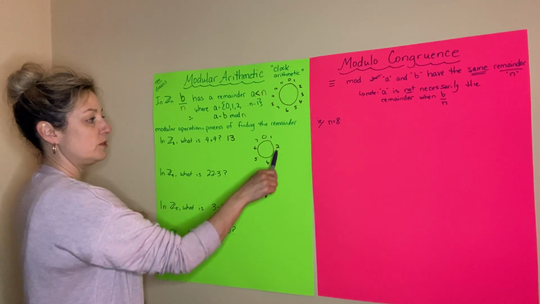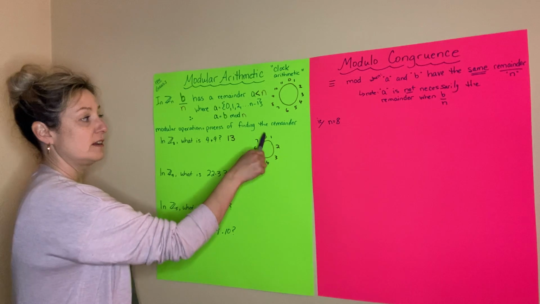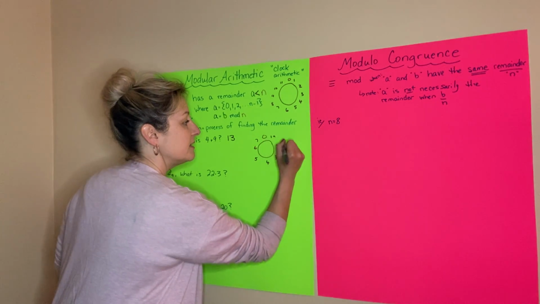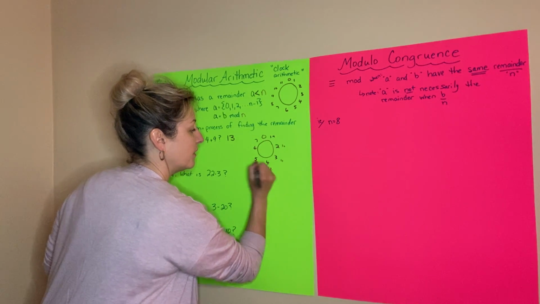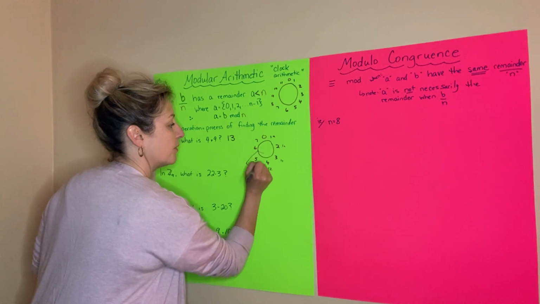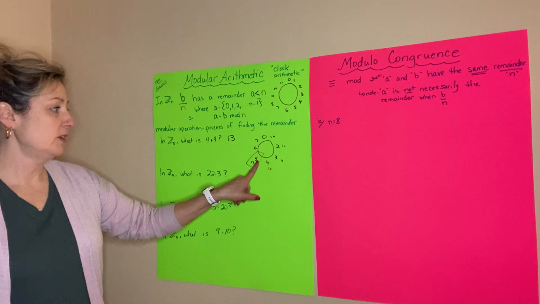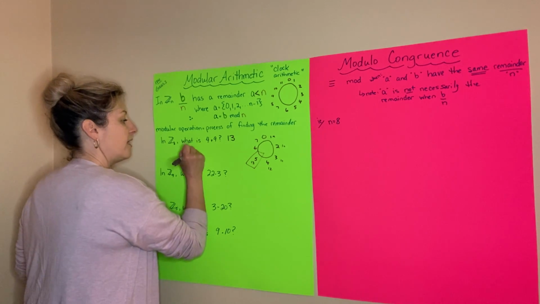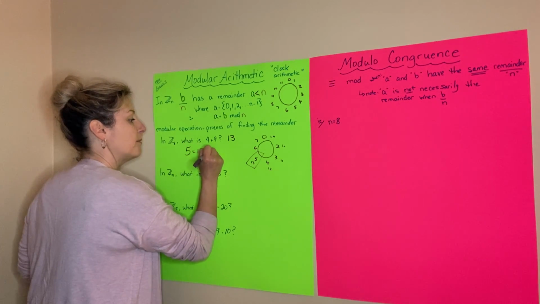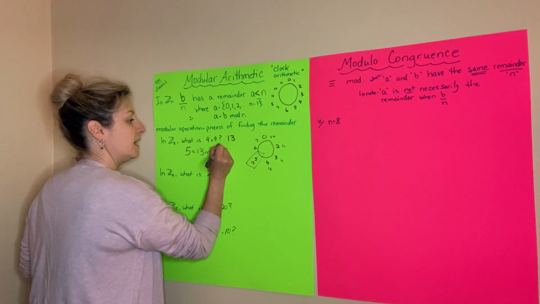So we would count 1, 2, 3, 4, 5, 6, 7, 8, 9, 10, 11, 12, 13. So 13 is equal to 5. So 5 is equal to 13 mod 8.